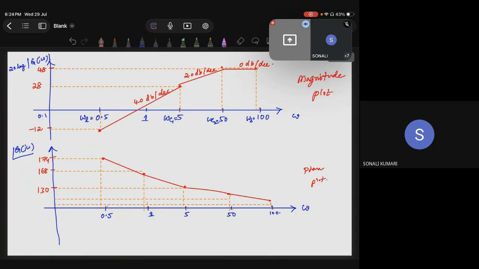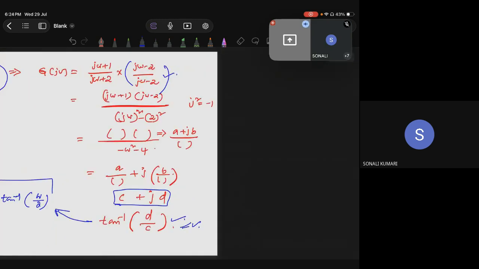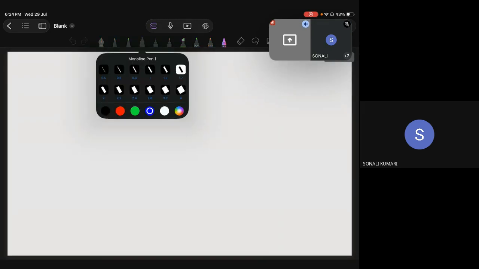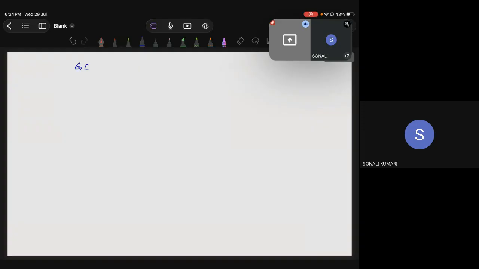Now this is the magnitude plot, this is the phase plot. That is our first question. The second question: we need to find the k value. What is G of s given to us? s square divided by (1 plus 0.2 s)(1 plus 0.02 s).